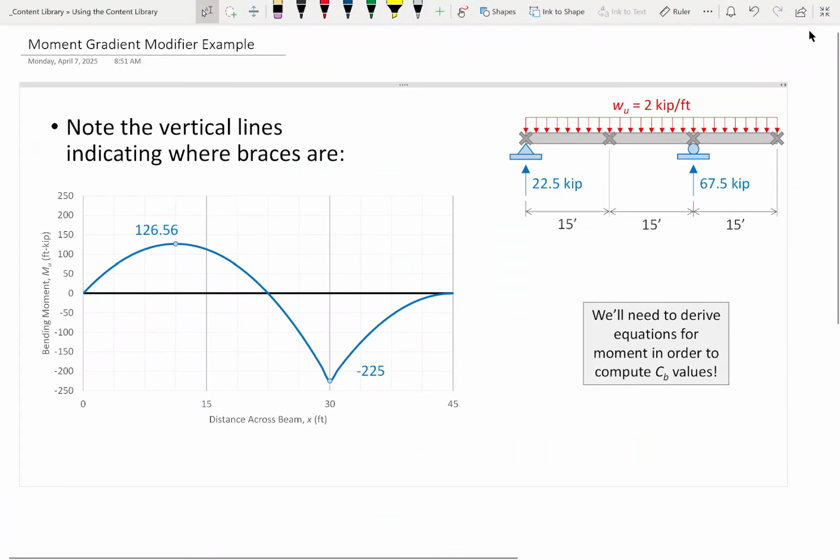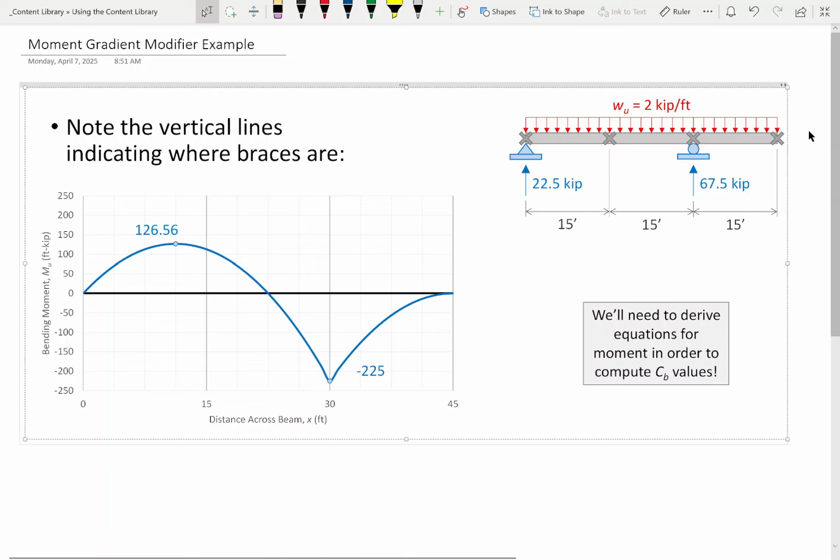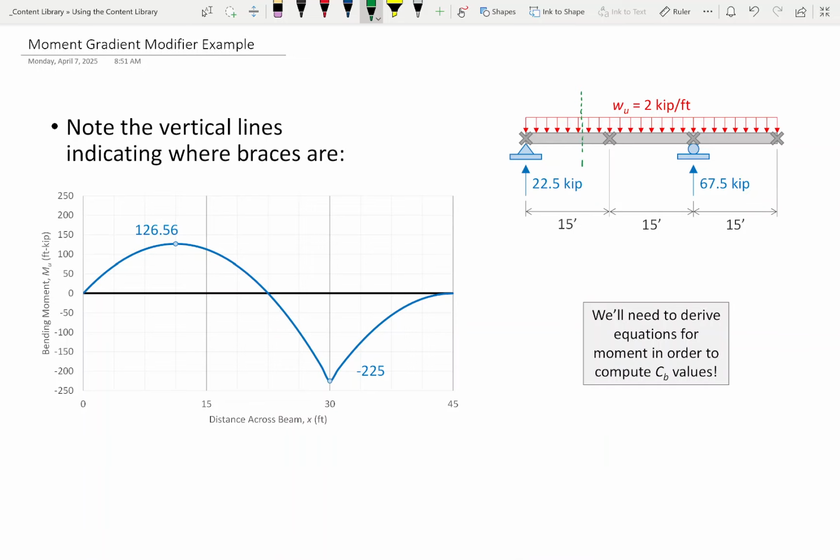Okay. So what we're going to do is cut a section 1-1, section 2-2. Remember, for the purposes of structural analysis, my goal right now is I'm trying to derive moment functions.